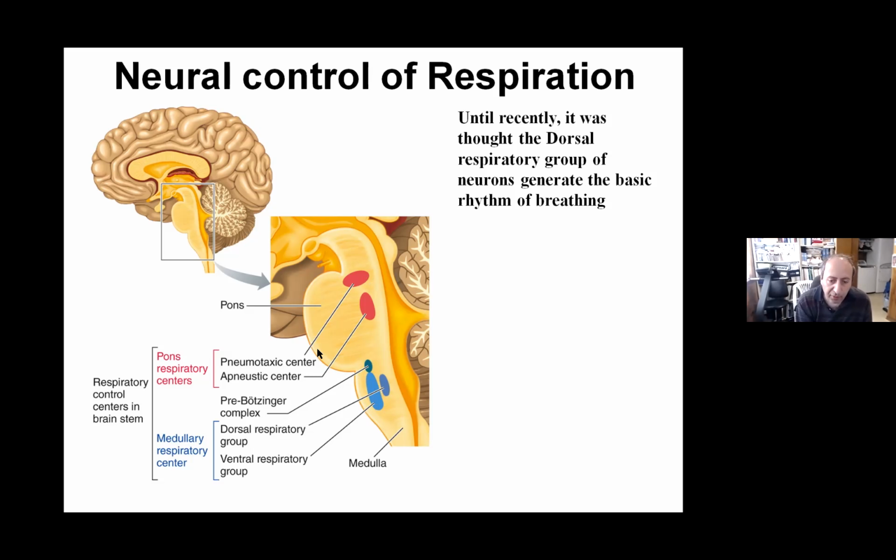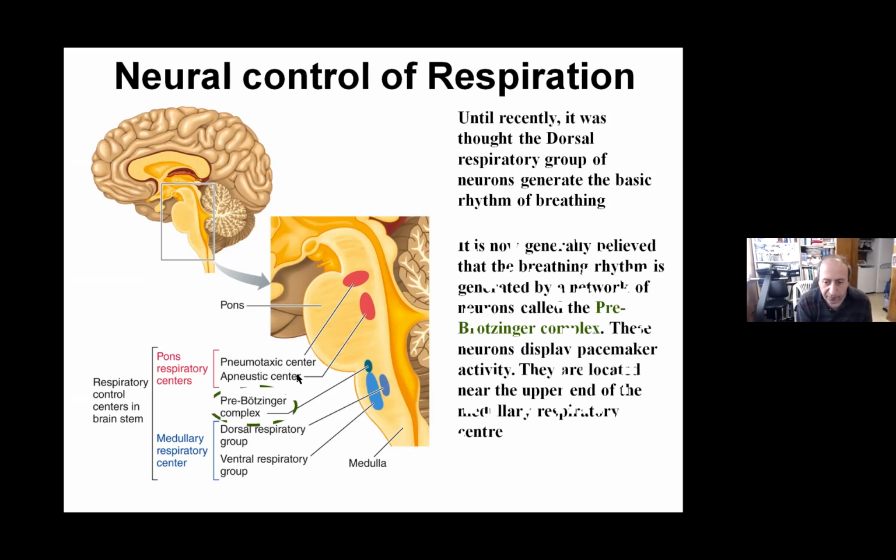Now, in the pons, we have two groups. The rostral one is called the pneumotaxic center, and the caudal part is called the apneustic center. I'm going to give you more details about each group and the type of neuron involved.